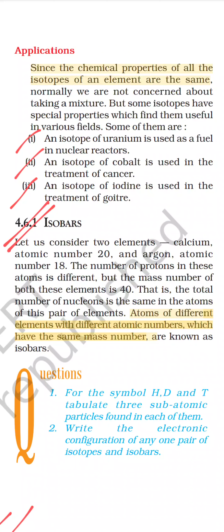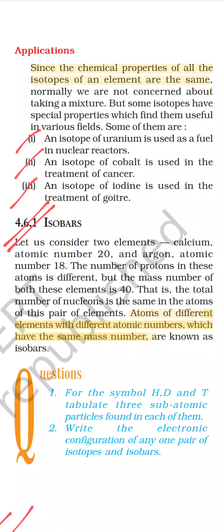Applications. Since the chemical properties of all the isotopes of an element are the same, normally we are not concerned about taking a mixture, but some isotopes have special properties which find them useful in various fields.